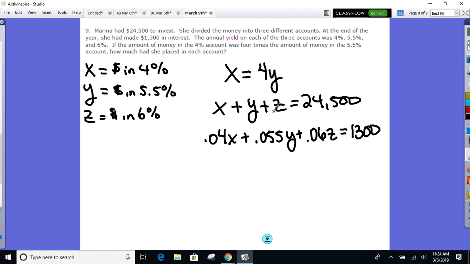I don't know if you want to put a plus 0z in there because there is no z. Eliminate a variable first. I feel like we should answer this together, but if you guys want to do it, go ahead.